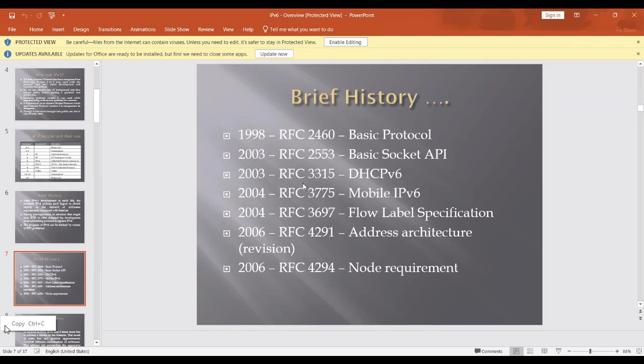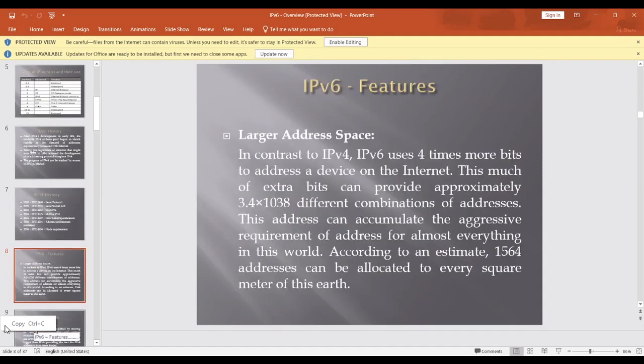Whenever scientists have found something, they open their findings to the public through a request for comments document, right? So that's why I have brought it to your attention.